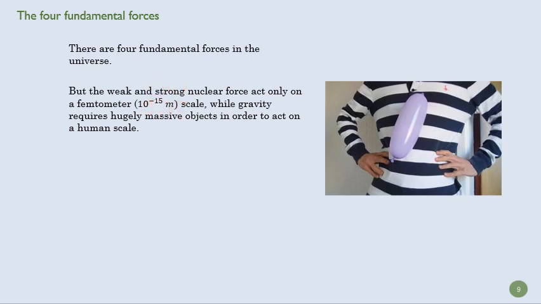And so we can ignore them for the most part. Gravity only acts with hugely massive objects on any kind of human scale. So that clearly does not explain the attraction between the sweater and your massive midriff. So what is the one remaining force?